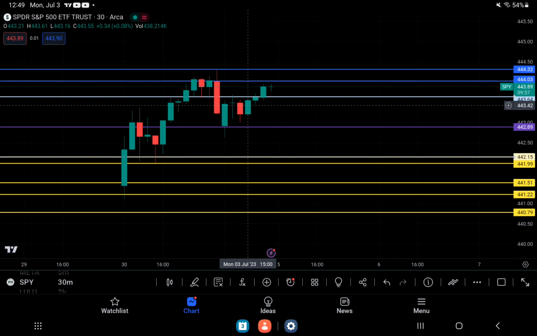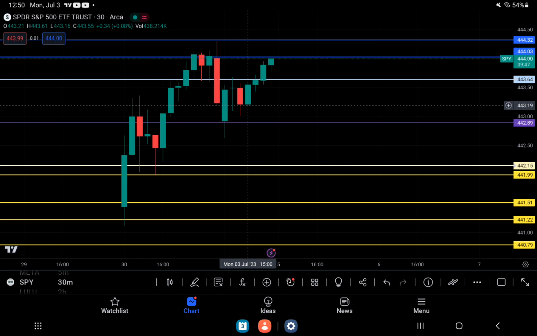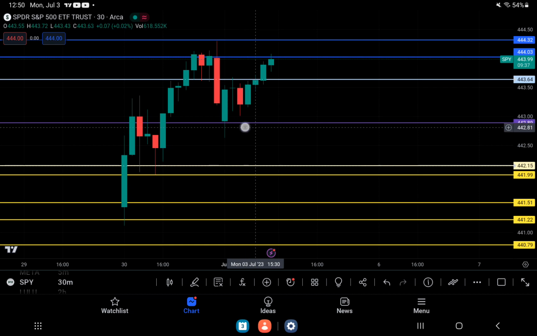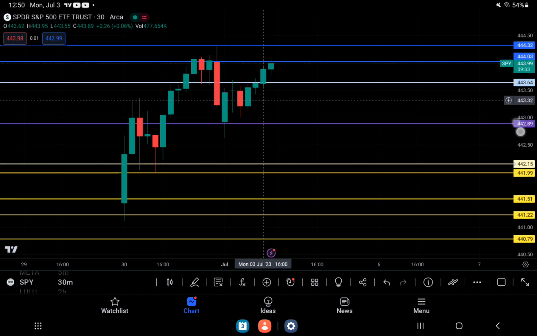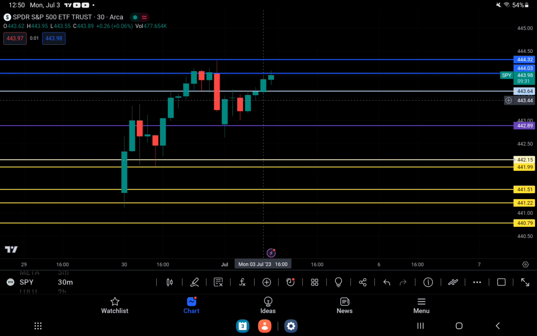On this green candlestick, I would have gotten out of my position, most likely, since it didn't close above entry. But then again, since this red candlestick didn't close below purple for the most part, that means, okay, we're gonna continue to the upside.